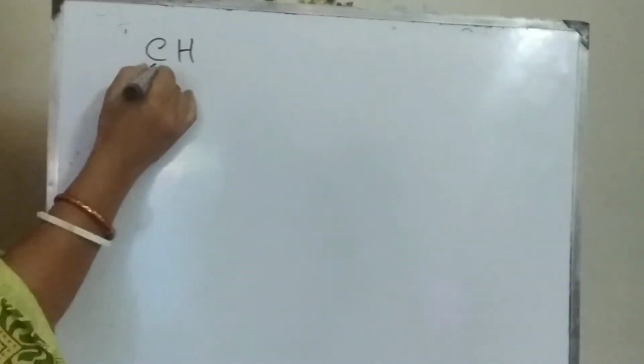For your clear conception, I will discuss the ozonolysis reaction again, and for your clear conception about the 3 double bonds of benzene, I will discuss the ozonolysis of benzene again. Just look here. The structural formula of benzene is like that.